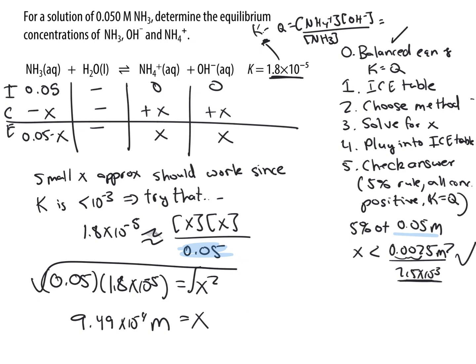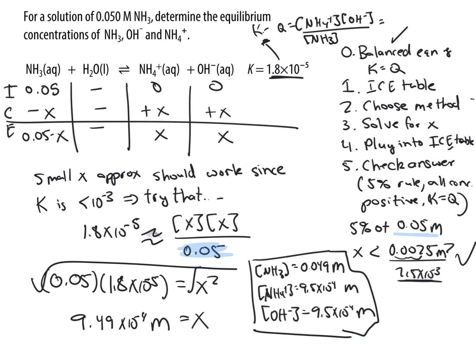Again, in this case, it wants all the concentrations, so we plug into the ICE table to get all of those. We have NH3, NH4 plus. So that, again, plugging into the ICE row, 0.05 minus this x is 0.049. NH4 plus is 9.5 times 10 to the minus 4.